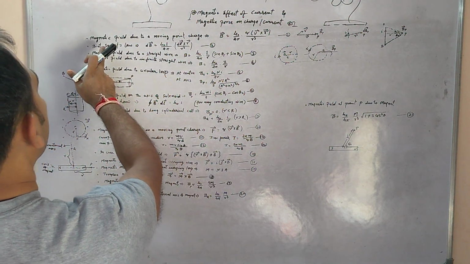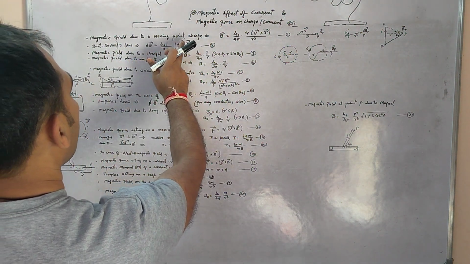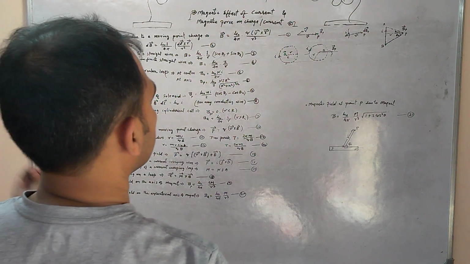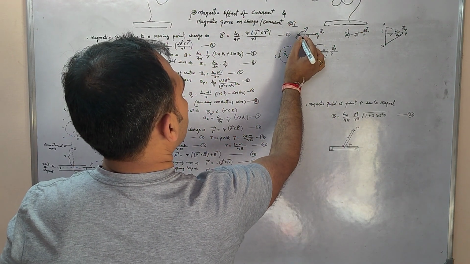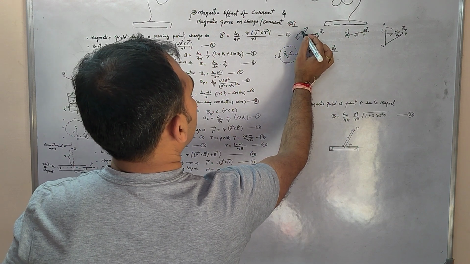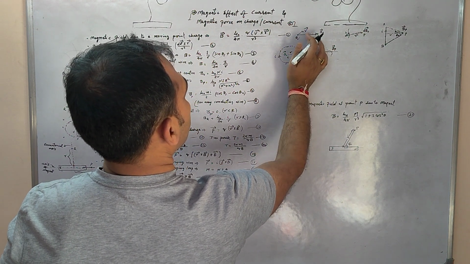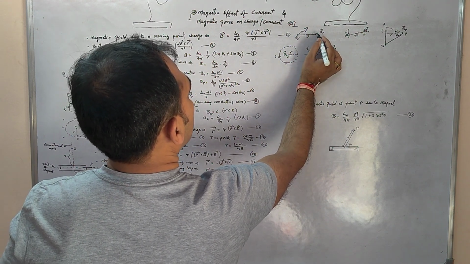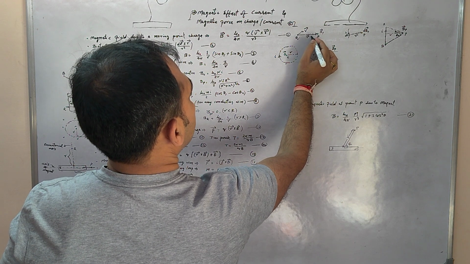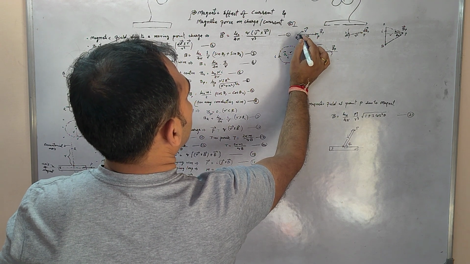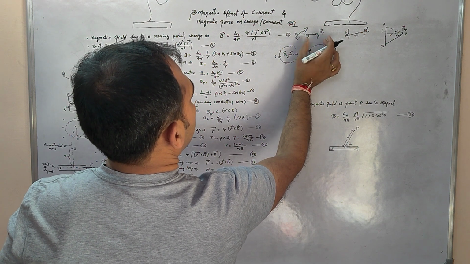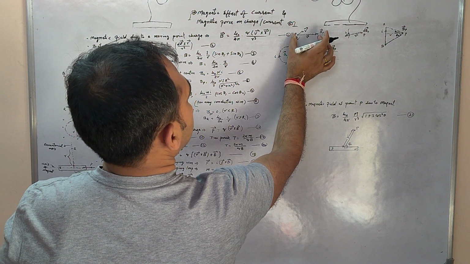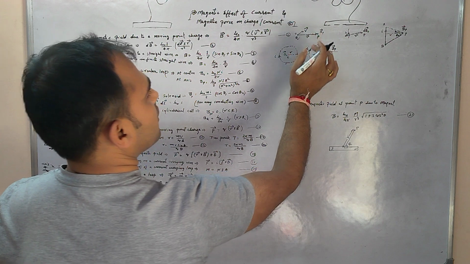First comes magnetic field due to a moving point charge. This is a point charge Q that is moving with a velocity vector v, and here is a point P. The position vector OP is given as vector r.